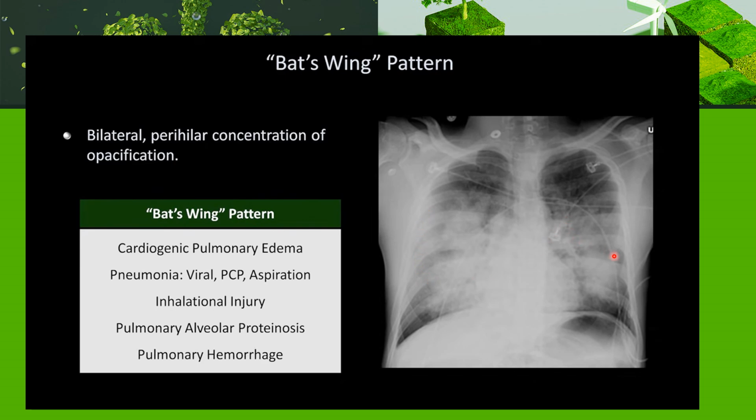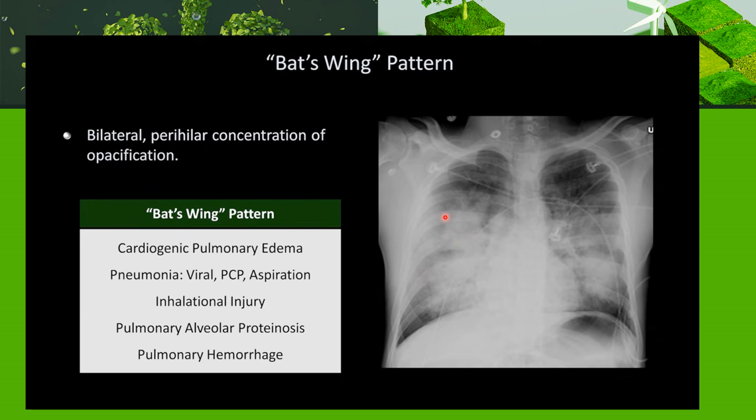You can see them bilaterally. This is the feature that differentiates it from ARDS: they are bilaterally symmetrical and smooth, not nodular, fluffy.